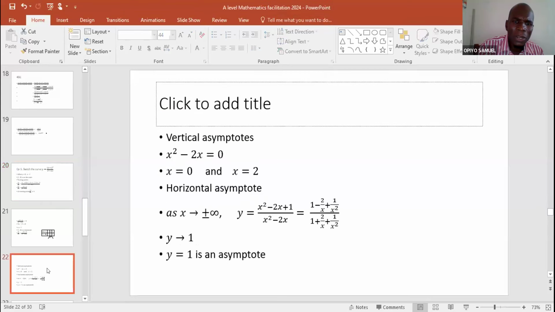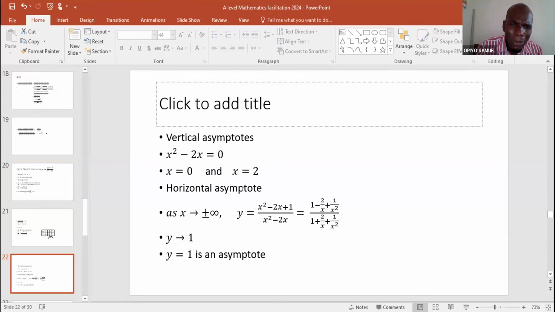That's why I have x squared minus 2x equal to 0. So from here we get x equal to 0 and x equal to 2. So that is for vertical asymptotes. And remember, a curve will never cut the vertical asymptote, never. But a curve may cut the horizontal asymptote.